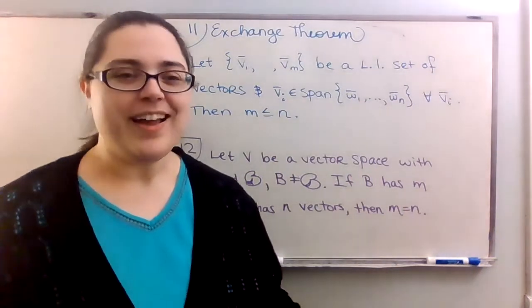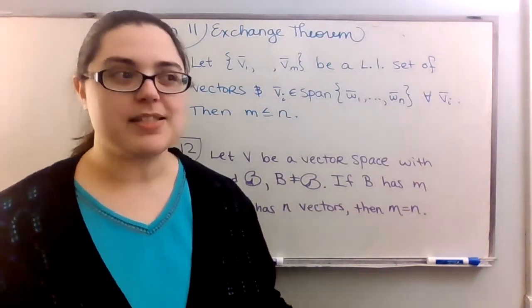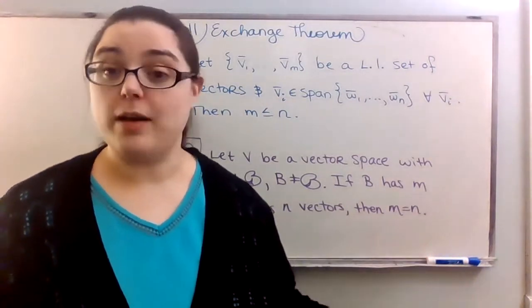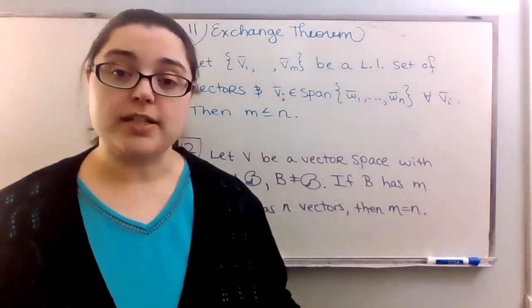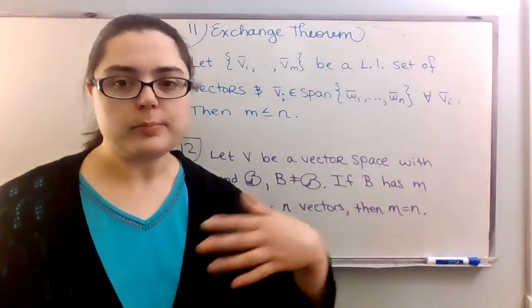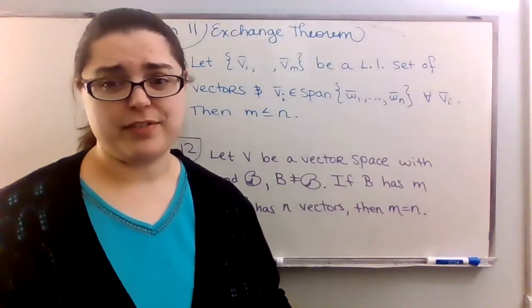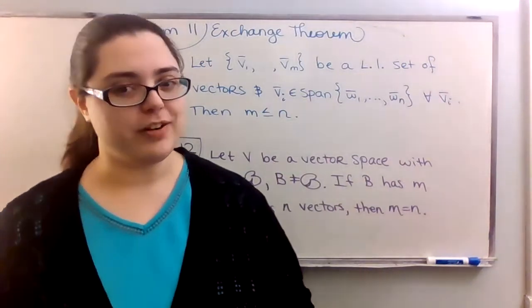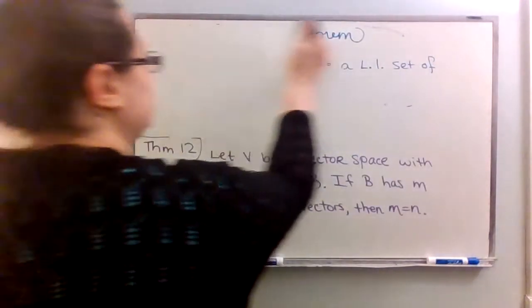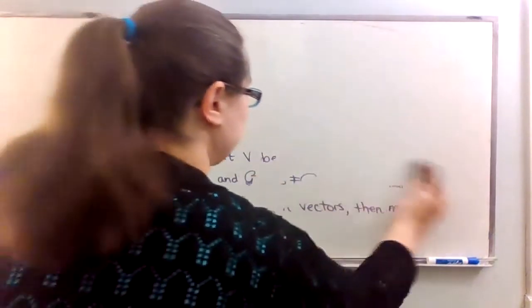Okay, so our basis has to have the same number of vectors, no matter what that basis is, which is really nice because when we have something like that happening, we get to define it. So let's define that. That's going to be called the dimension of our vector space. So let's erase the board and define dimension.